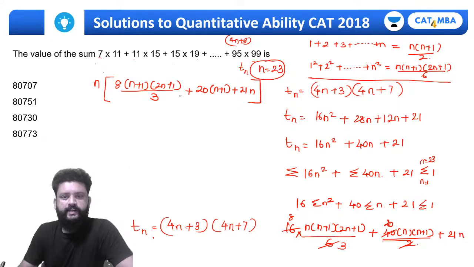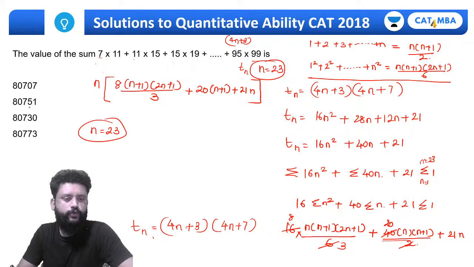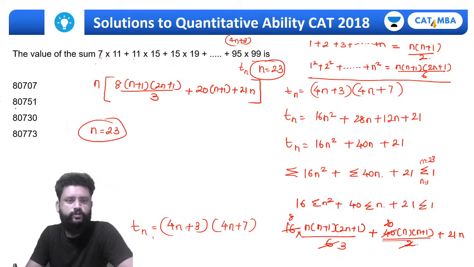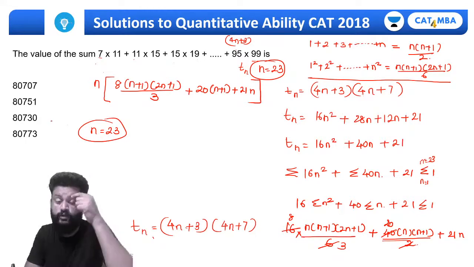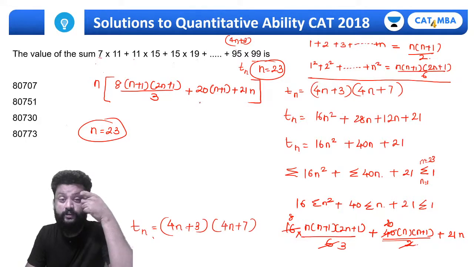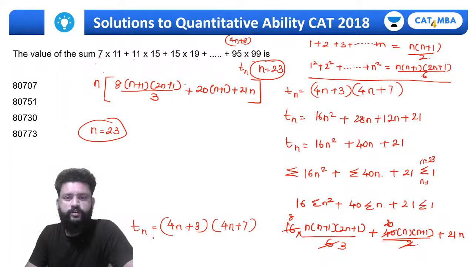So the calculation is quite tricky here. The value of n is 23, guys. Definitely the answer should be a multiple of 23. So one thing is, you can check from the options which number is a multiple of 23. I'm not going to do the calculation manually. You can use calculators in this question specifically. Normally we could say n is 23 and the summation must be a multiple of 23.